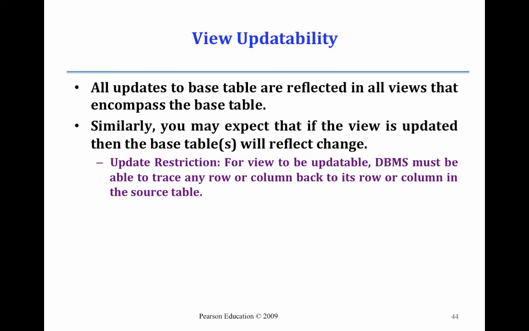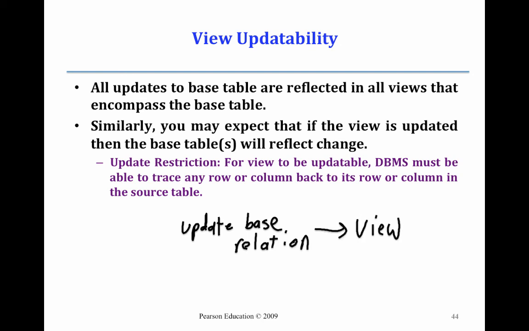So the next thing refers to view updatability, and it goes two ways. So if we update a base relation, does that update the view? Okay, and if we update the view, does that update the base relation?